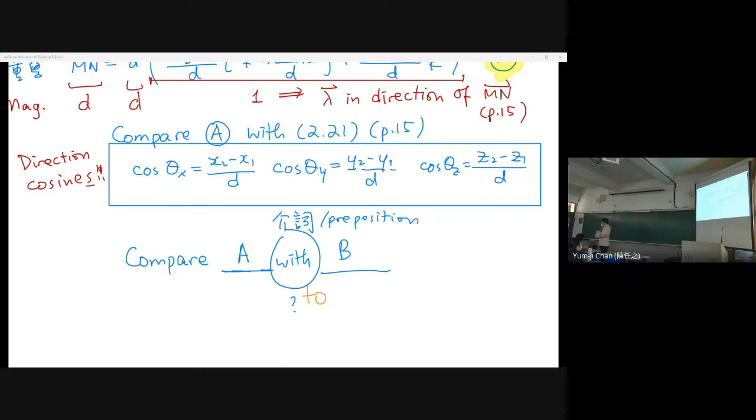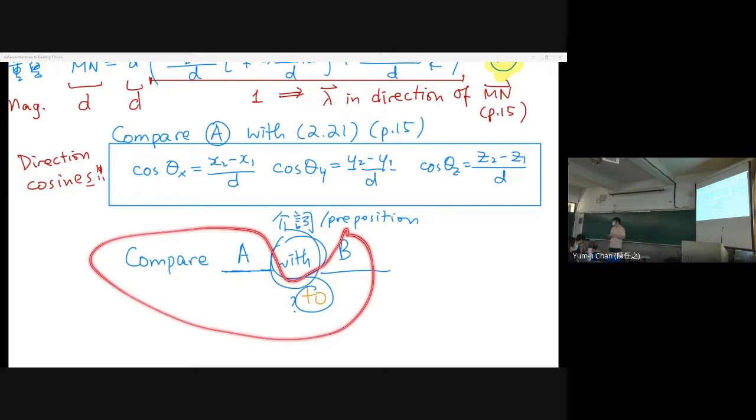So we are here, compare A with B and compare A to B. So of course I would say this one is correct, but is it wrong, or is it correct?